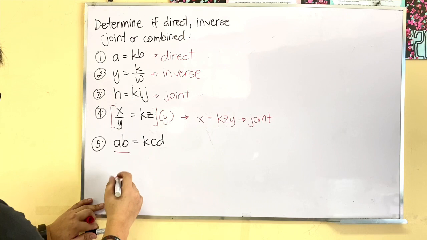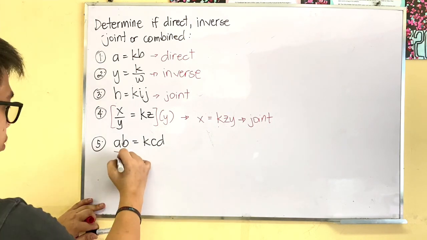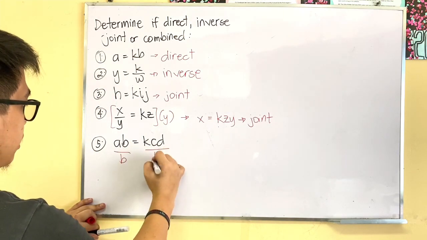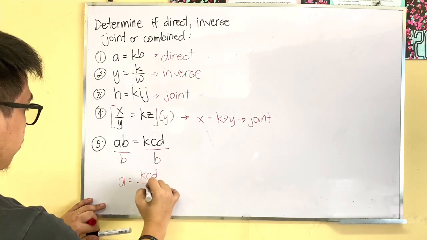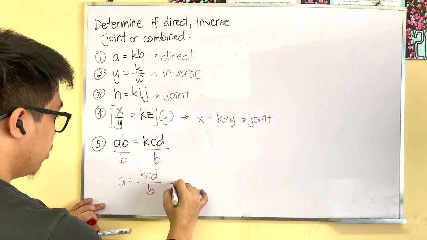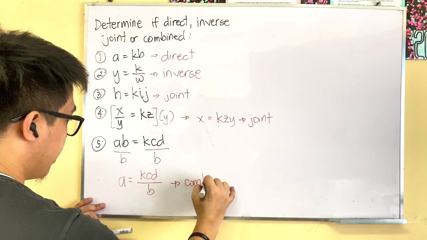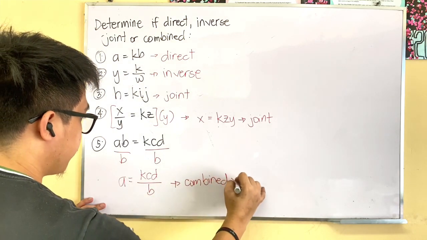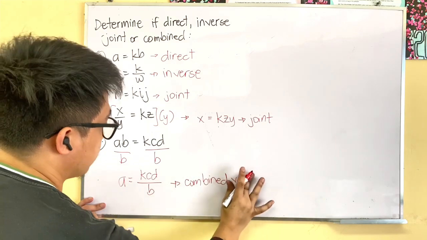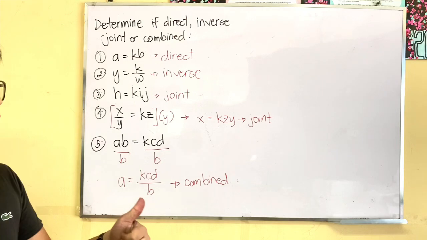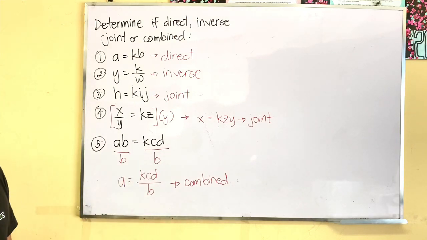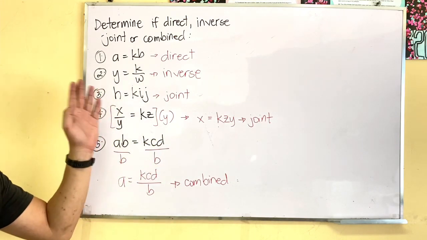So, i-divide natin siya either A or B. So, sa akin, gawin ko si B. So, A is equal to KCD all over B. And kung mapapansin nyo, siya ay isang combined variation. Combined na lang. Naintindihan ba ang pagkakaiba ng tatlong variations? Nung direct, inverse, and nung joint or combined.